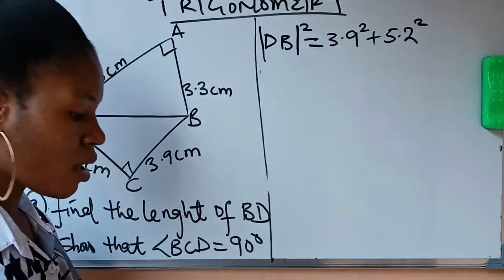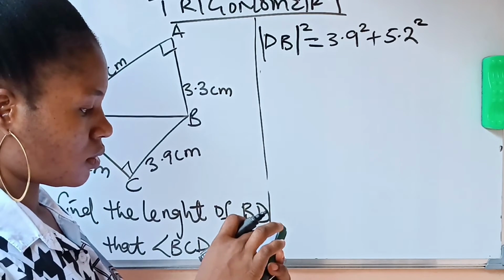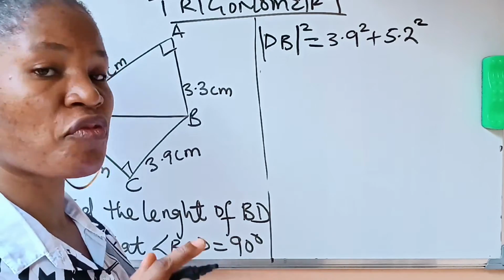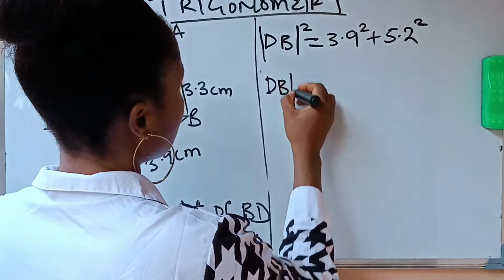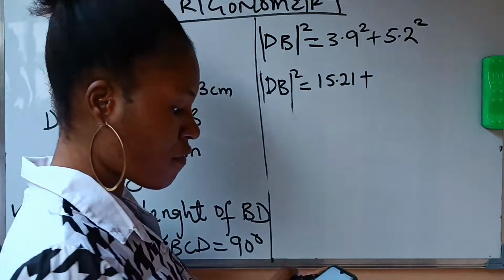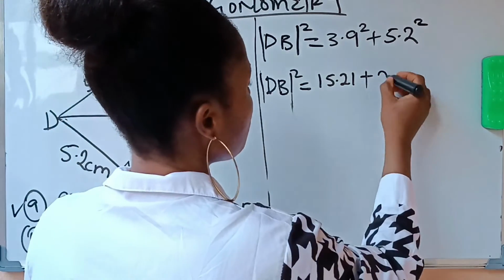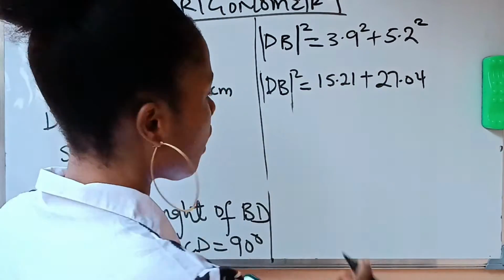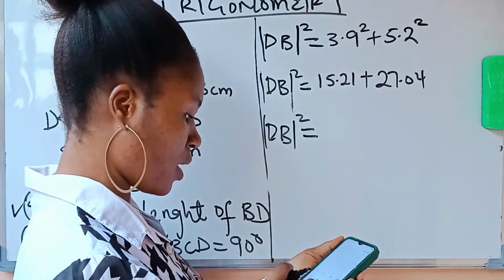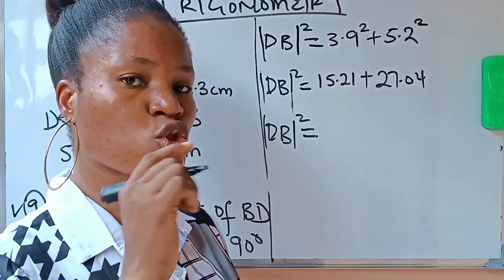What is 3.9 squared? 3.9 times 3.9 is going to give us 15.21. Plus 5.2 squared, 5.2 times 5.2, you're going to have 27.04. Now our DB squared is equal to 27.04 plus 15.21, and we're going to have 42.25.